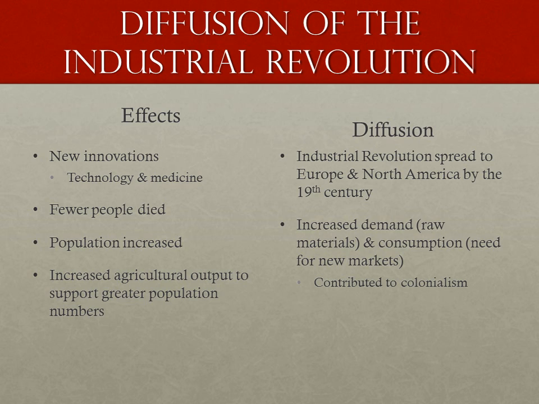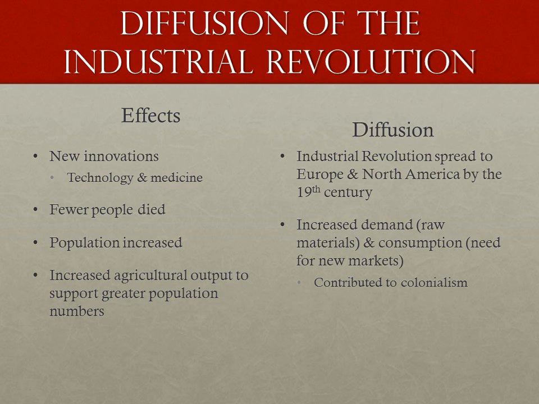So remember that the Industrial Revolution began in northwest England, which is part of the United Kingdom, or is now part of the United Kingdom, we should say, and later spread to Europe and then to North America, specifically the United States and Canada, and then diffused later from there by the 1800s. Now, what type of diffusion does that sound like? I want you guys to make a prediction because on the next slide, we're going to look at it a little bit more closely.